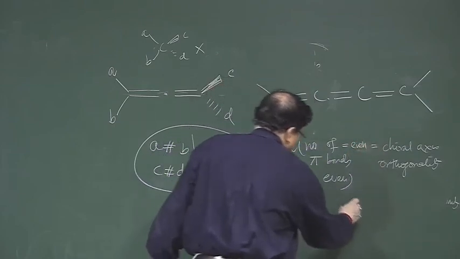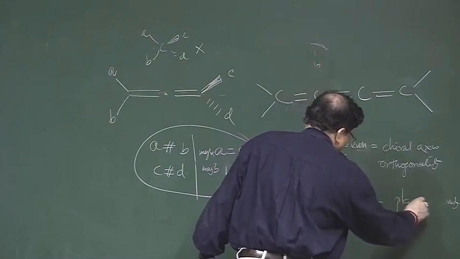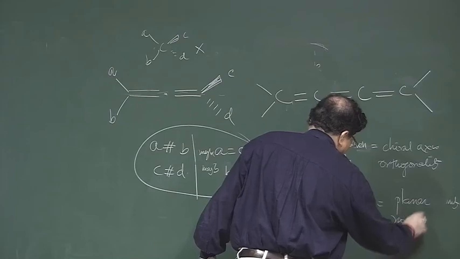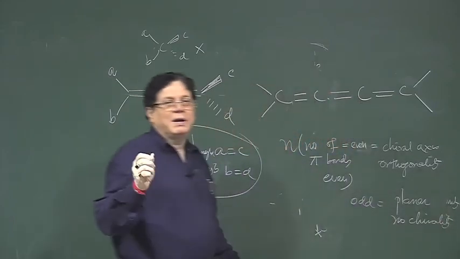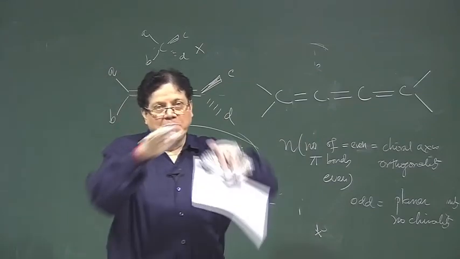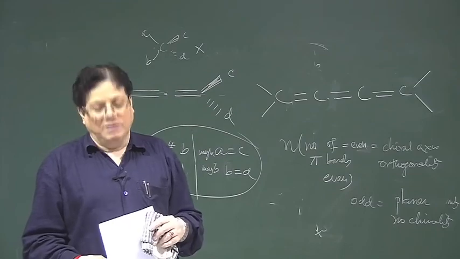If it is odd, then it is planar, so no chirality, because the plane of the system becomes the plane of symmetry. Any planar system, the plane itself is a plane of symmetry for the molecule.